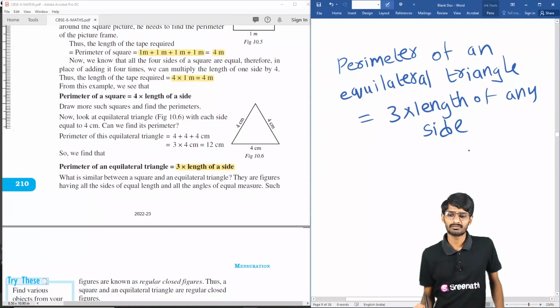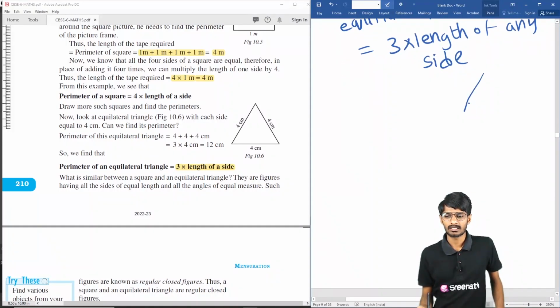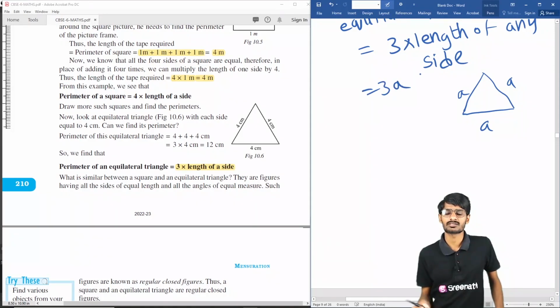Why? Because it is an equilateral triangle, the same side A. That's why simply we can say 3A also. That's it students.